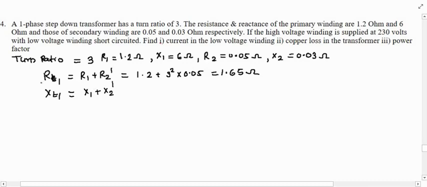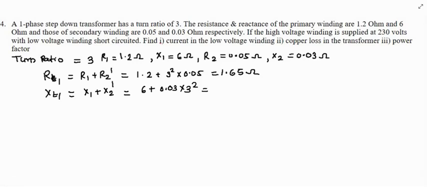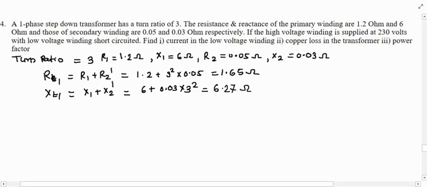Similarly, XT1, the equivalent reactance of the transformer referred to the primary side, is X1 plus X2 dash. X2 dash is nothing but X2 by K square. But K is 1 by 3, so 1 divided by 1 by 3 is nothing but 3, and 3 square. So it will be 6 plus 0.03 into 3 square, which gives 6.27 ohm.